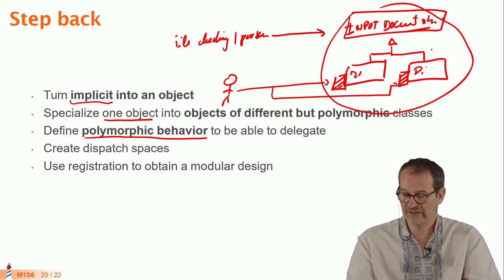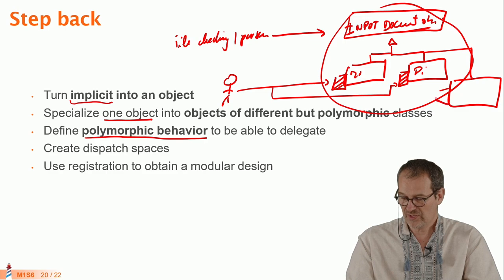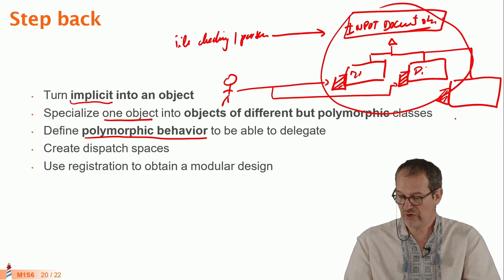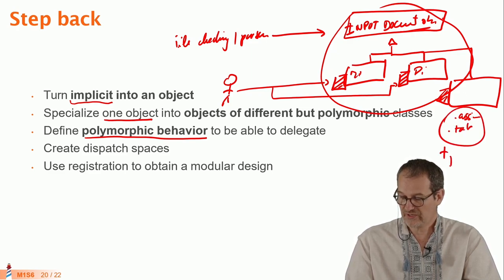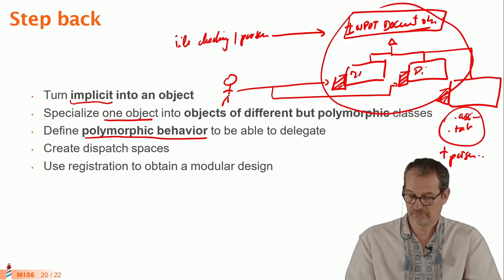So if tomorrow I want an alternate syntax, I just have to define a new subclass with the same API, and that will say, oh, I handle, I don't know, AsciiDoc format or TXT or whatever, plus a parser, and I'm done.